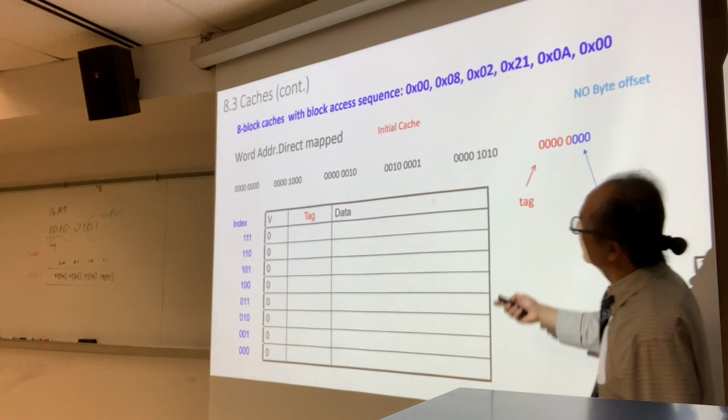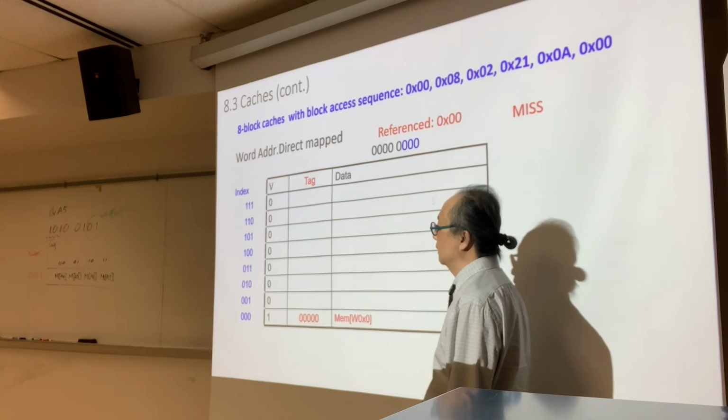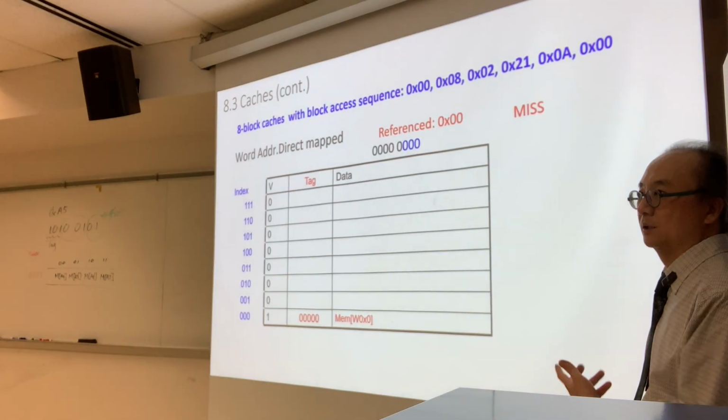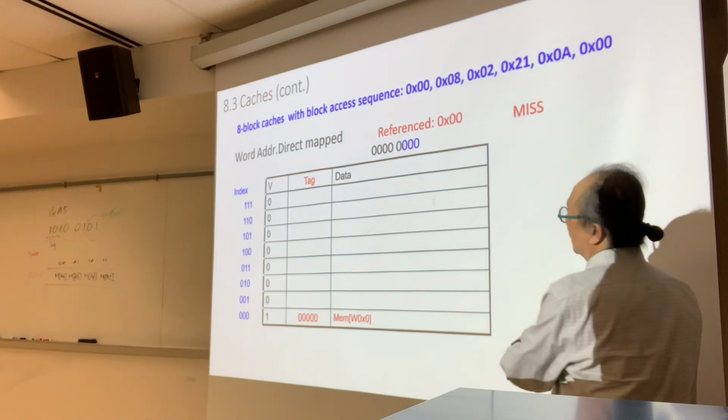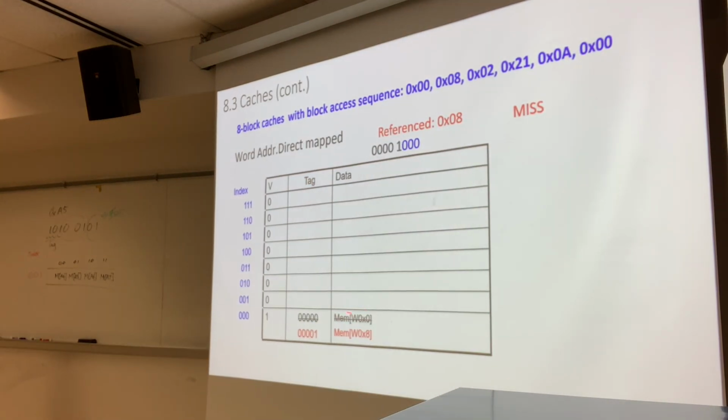So when we call 0, it's going to be memory word 0x0 right there. That's it, it's word addressing, therefore only one word. Then 8, because the index value is 000 again, we have to replace 0, miss.